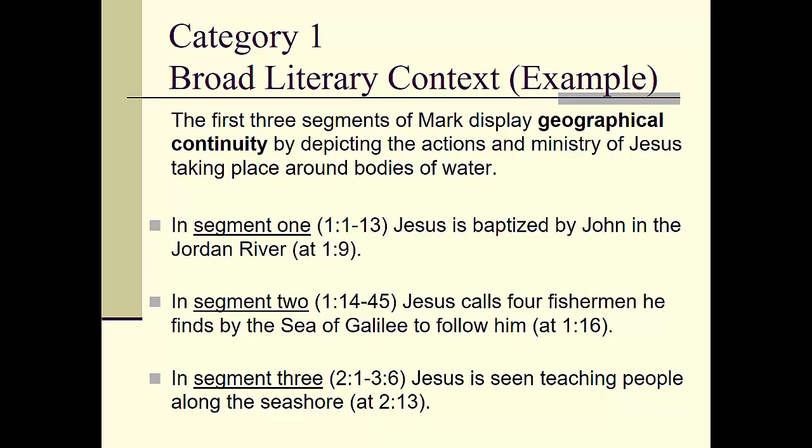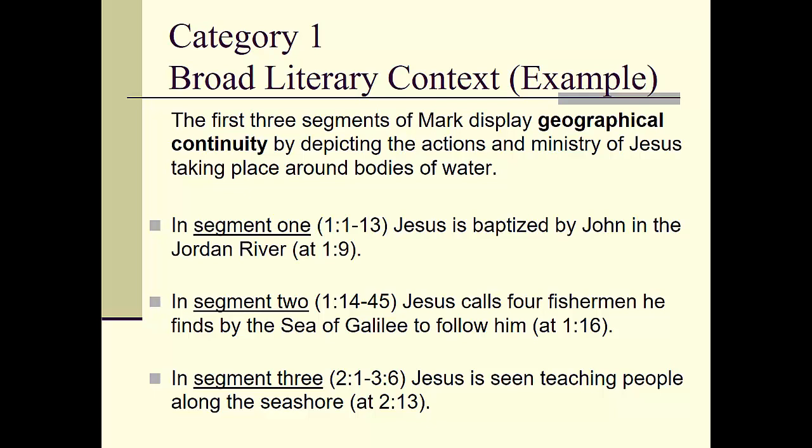We see Jesus again by a body of water, the Sea of Galilee, when he's calling for fishermen. That's happening in the next segment within chapter 1, verses 14 to 45. And then when we come to the third segment, segment 3, Jesus is again alongside a body of water, the seashore, and he's the one doing the teaching.